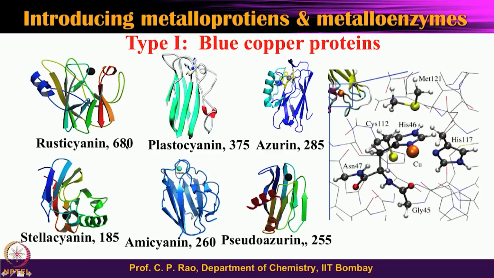Rusticyanin has 680 millivolts, plastocyanin 375, azurin 285, stellacyanin 185, amicyanin 260, and pseudoazurin 255 millivolts. You can see the protein moiety close to the copper center and the binding moieties.